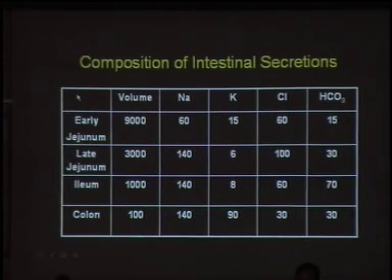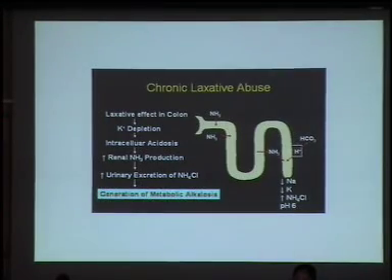And just to show you the intestinal secretion, you see the potassium component in the colon is very high. Bicarbonate is also high in the small bowel and the colon. So when you have diarrhea, for example, you will lose a lot of potassium and bicarbonate. Okay, one example, laxative abuse.